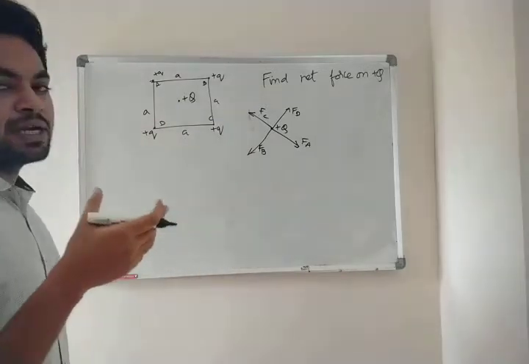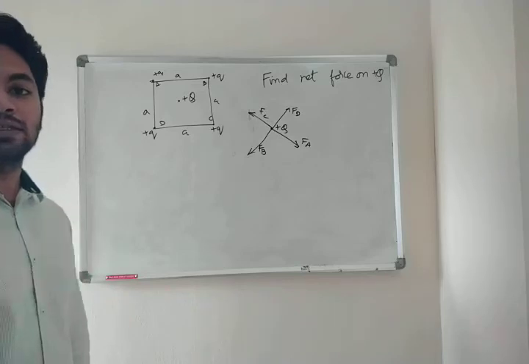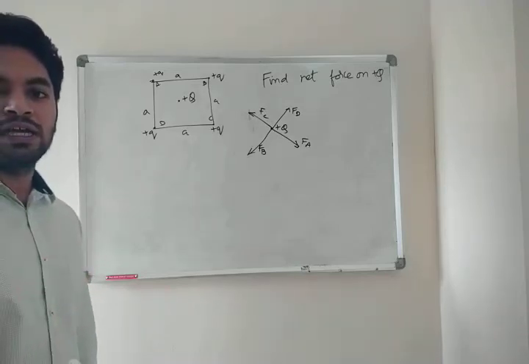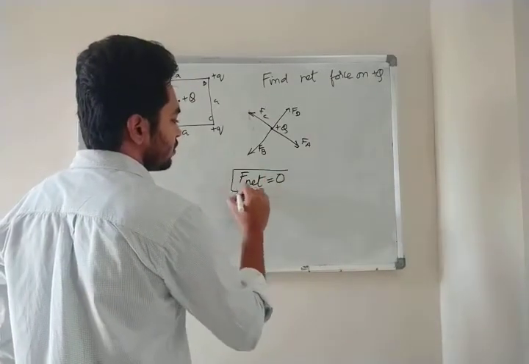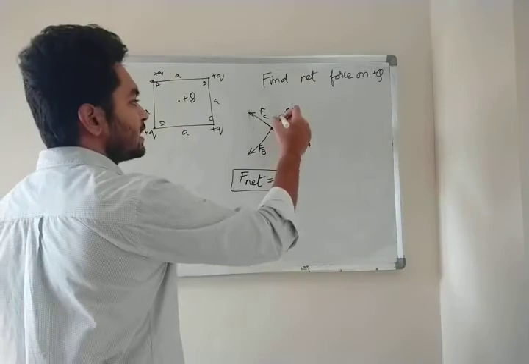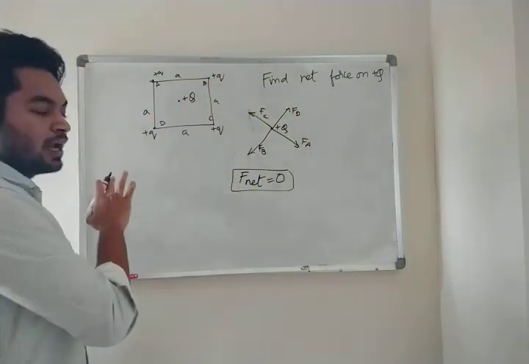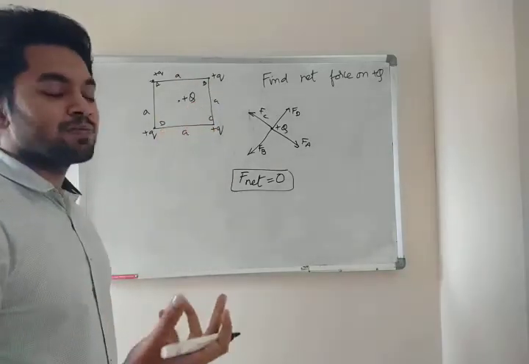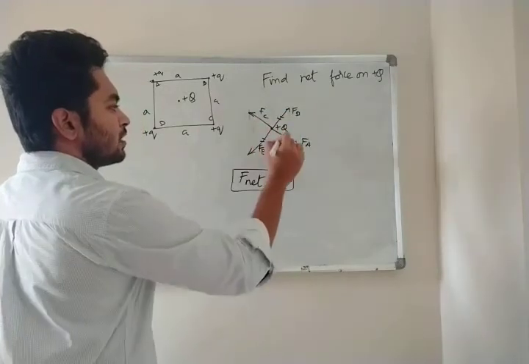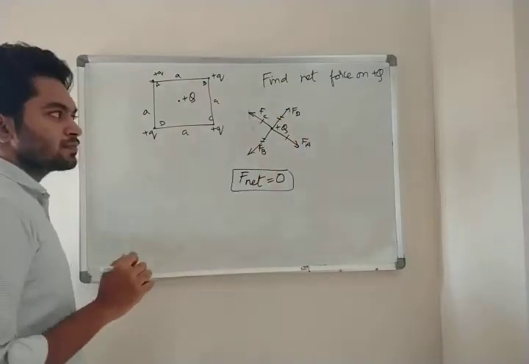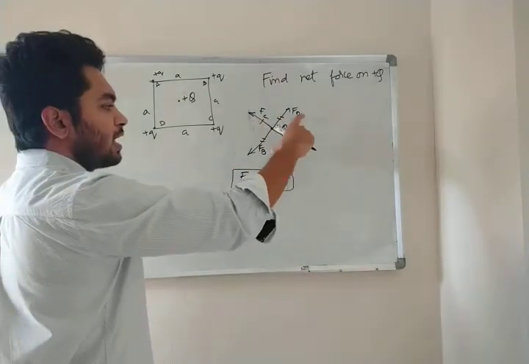Now in a symmetrical distribution of charges, the forces get balanced, and your F net equals 0. Symmetrical means same, identical charges, and if a charge is present in the center, then FA cancels FC, both get balanced, FD balances FB.